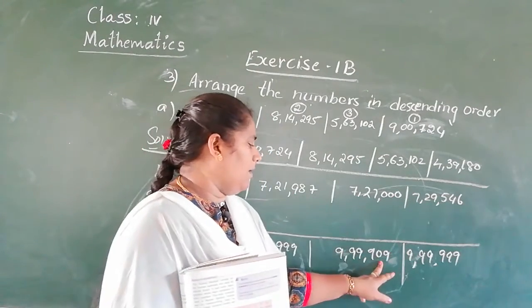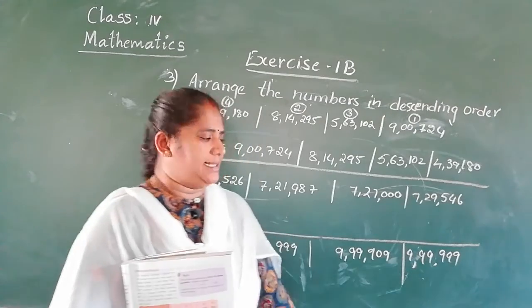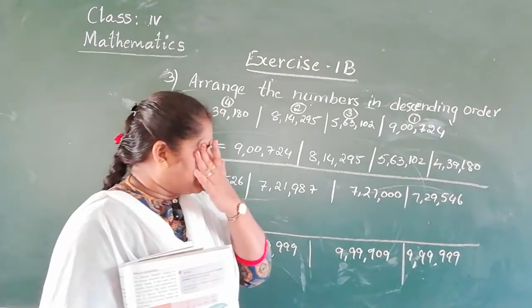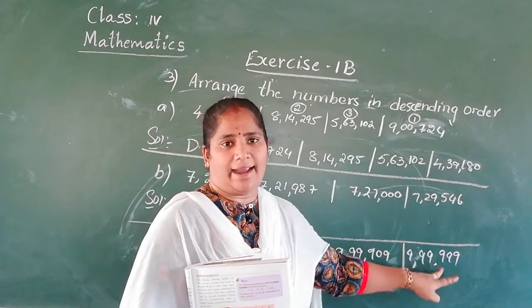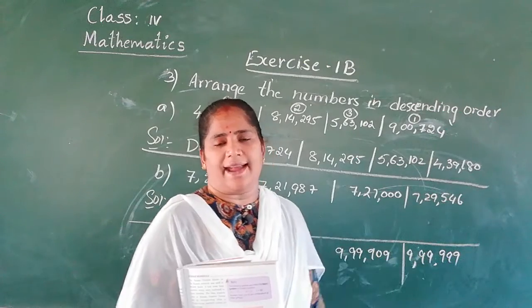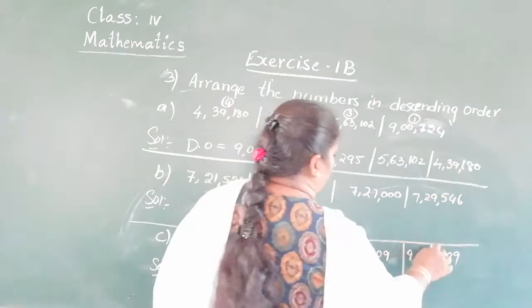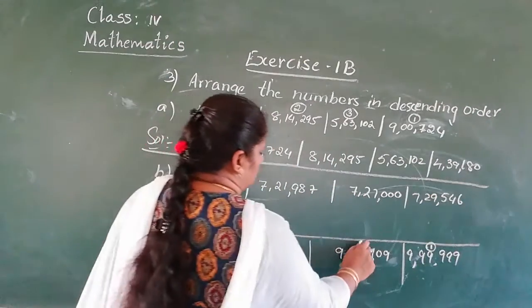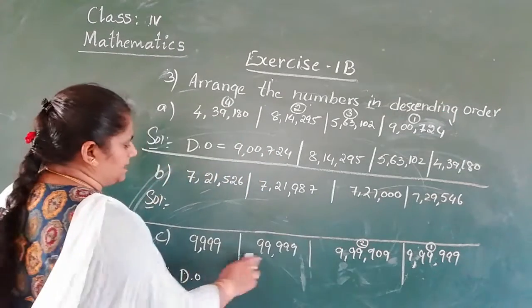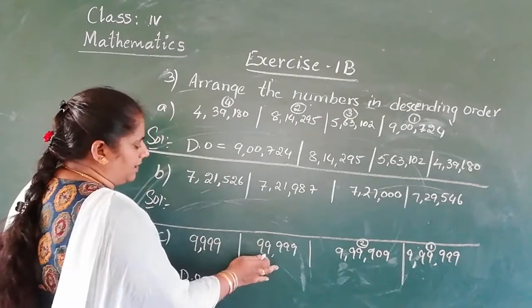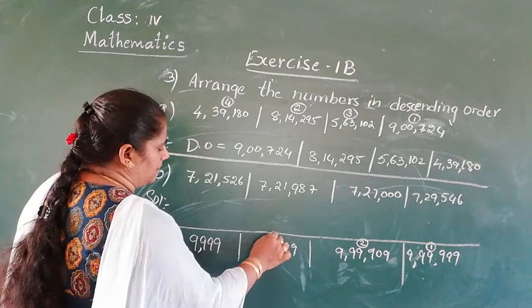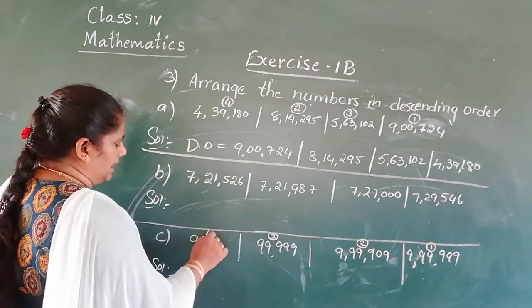Next 0 and here 9. Yes, the greatest 6-digit number is 9,99,999. So give number 1 for this. And the next one is 2. And after these 2, the 5-digit number is greater than the 4-digit number. So give number 3 for this and 4.